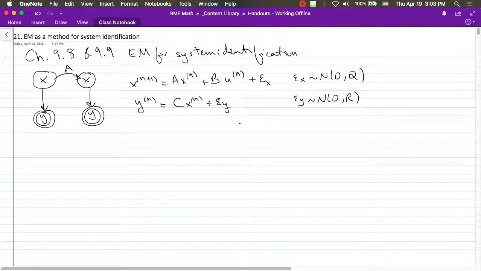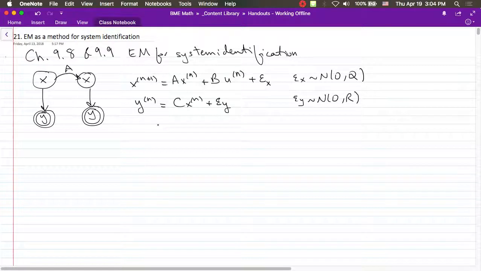So we know A and B and C, and we know the initial state, and we know our uncertainty when we start, and we have the variances of the noise Q and R. And then given those things, we could estimate X from our measurement Y.